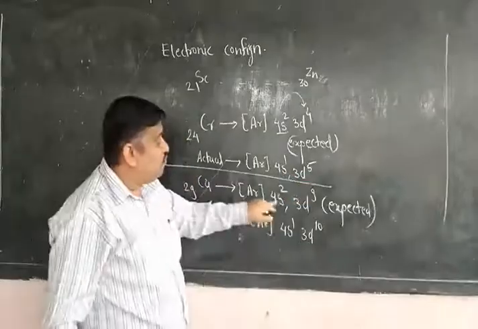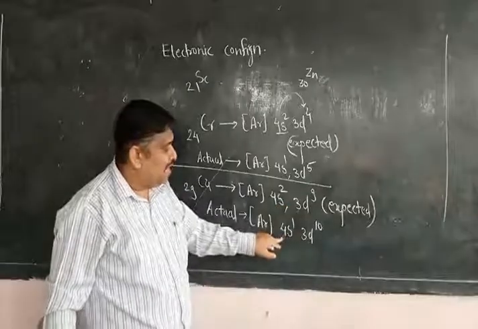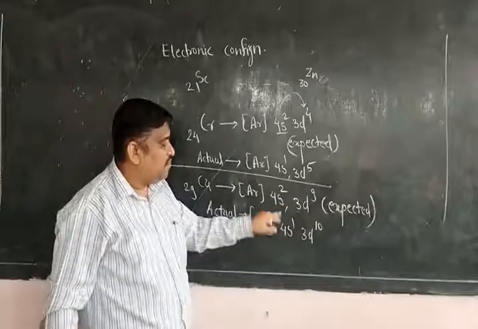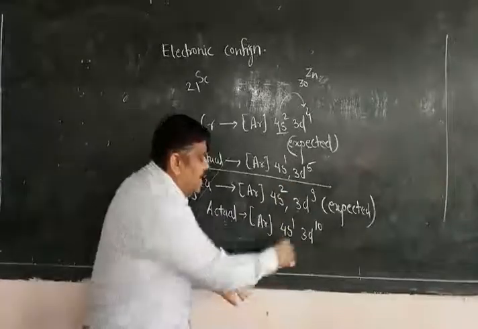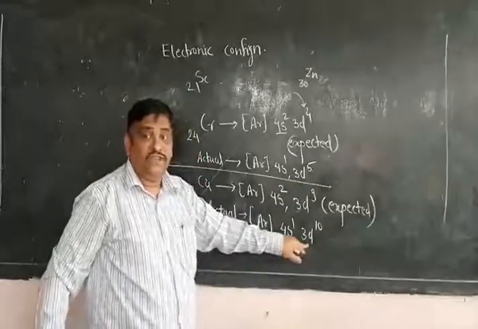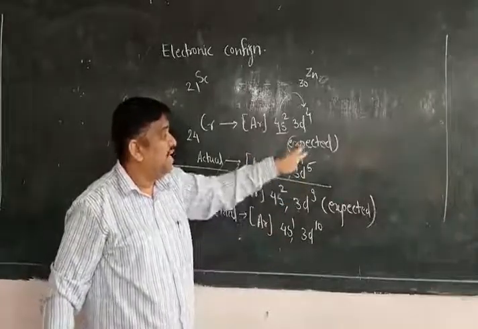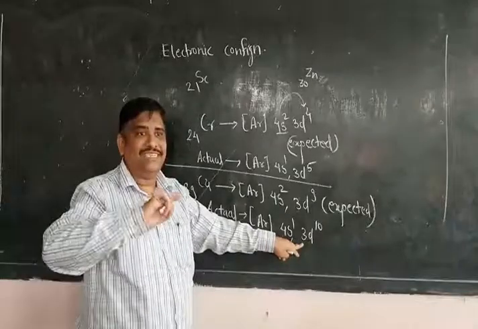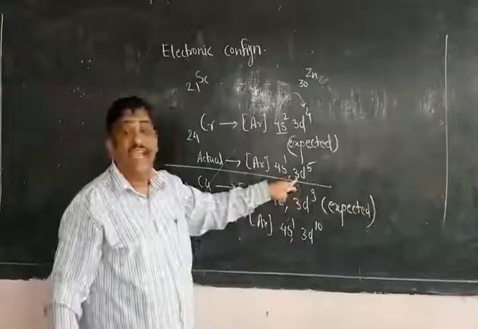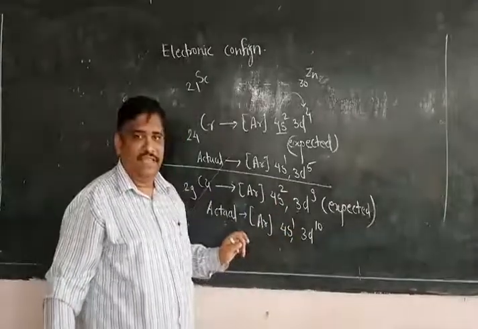Here also, 4s2 3d9 is expected, but one electron is shifted from the 4s subcell to 3d, so it is 4s1 3d10. So one electron from S is shifted to D and it becomes D5 and D10. But why is one electron shifting to D5, and why to D10?